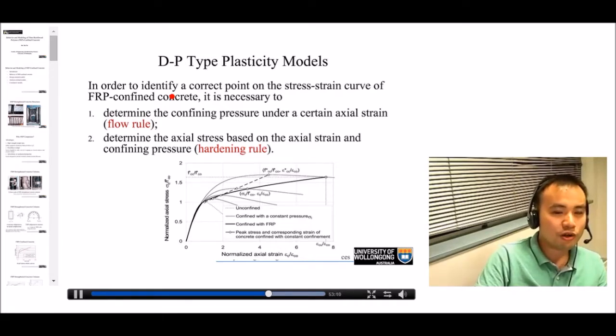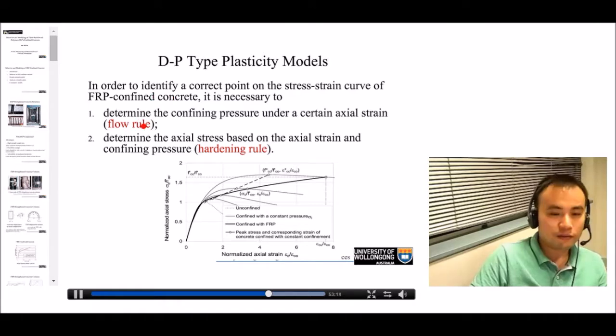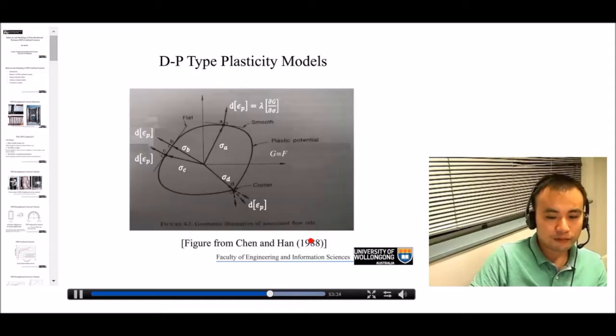And to predict accurately the lateral expansion of concrete, we need to get the flow rule right. So if you get the hardening rule right, you can make sure your model works for actively confined concrete. But for FRP-confined concrete, you will have to make sure your flow rule is right, because the confining pressure depends on lateral expansion.